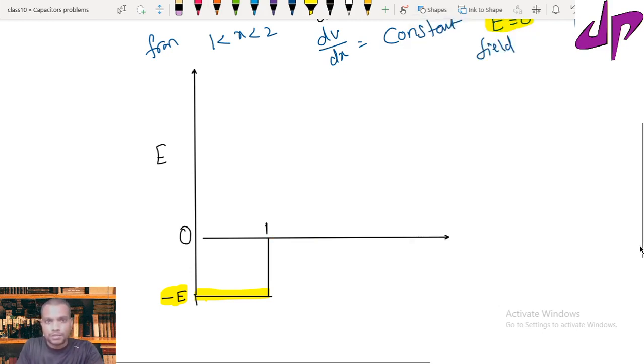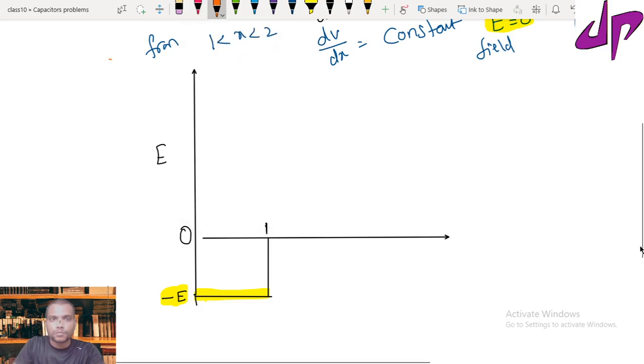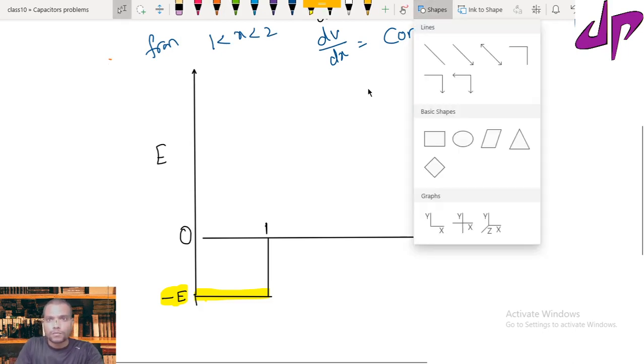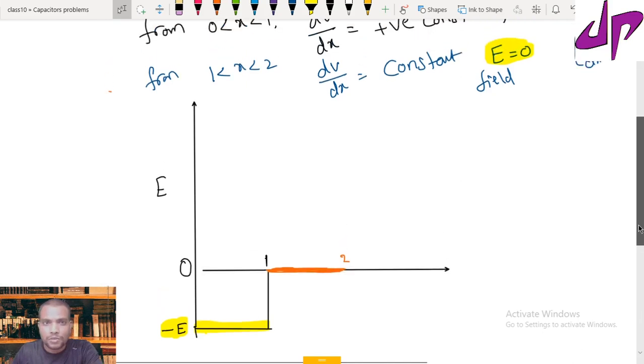I draw a straight line from here to there, and that is 0, from 1 to 2. I made a thick line so that it can be visible.